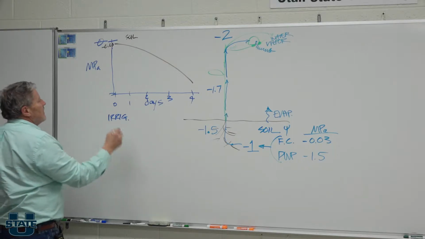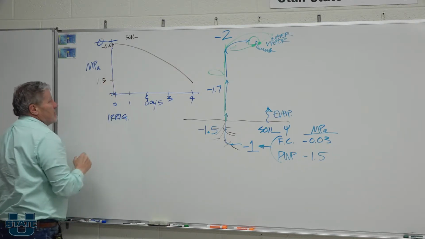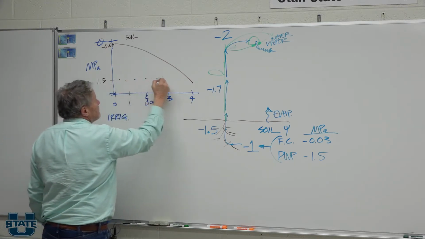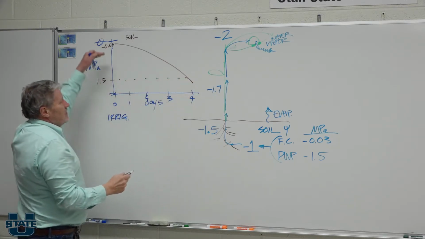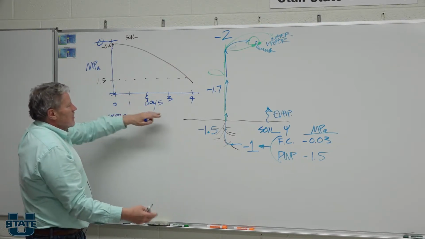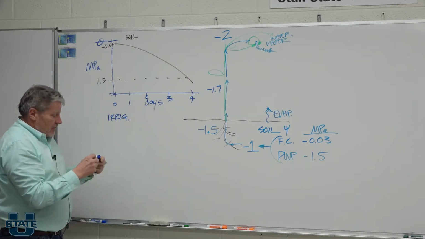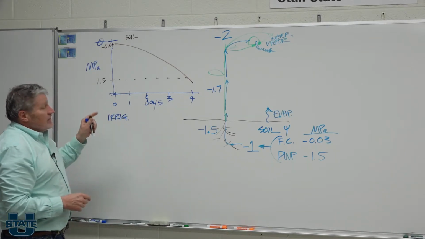Each day, and right here, is -1.5 megapascals. So this is like a plant in a container where it runs out of water fast, or maybe your lawn grass where it runs out of water very fast in 4 days. There's the soil.